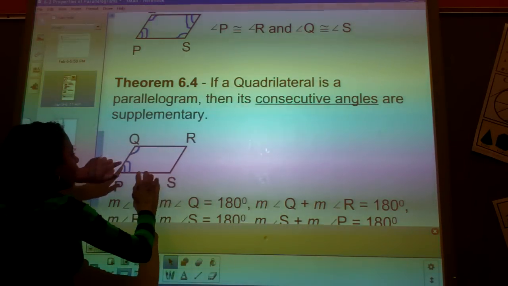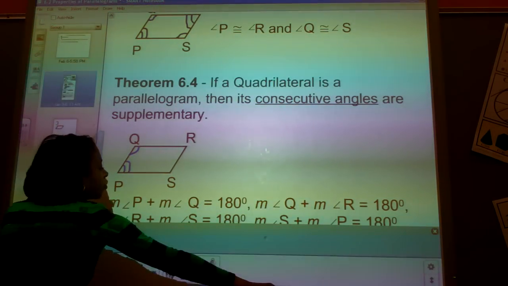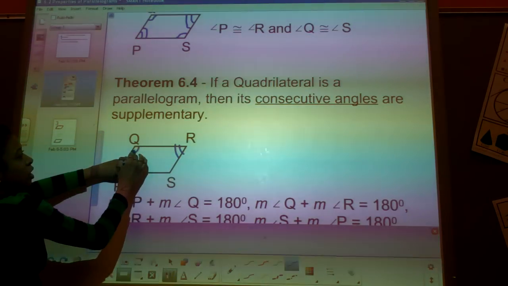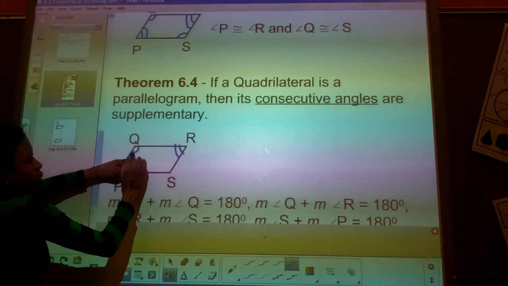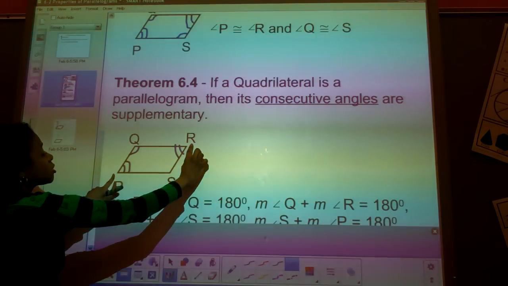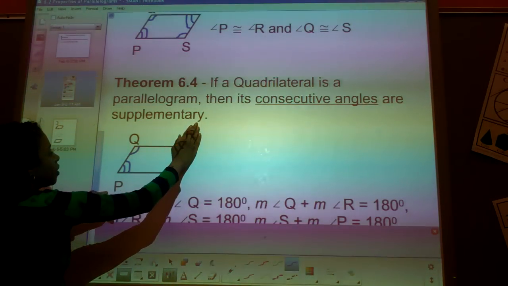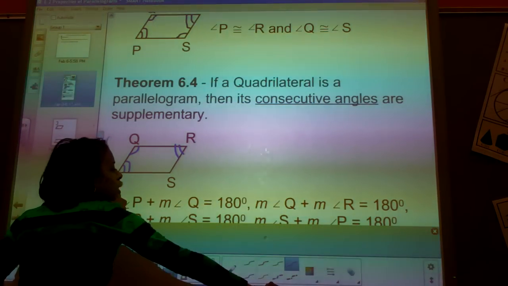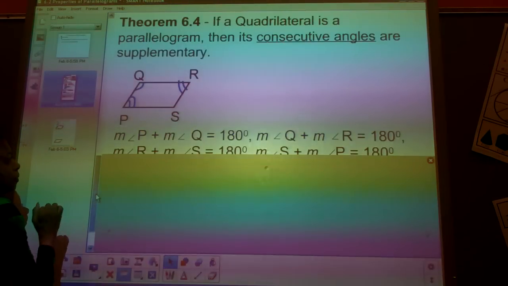I know that because, if we recall, opposite angles are congruent. So if that's true, and because P and R are congruent, Q plus P will also still be equal to 180 degrees.